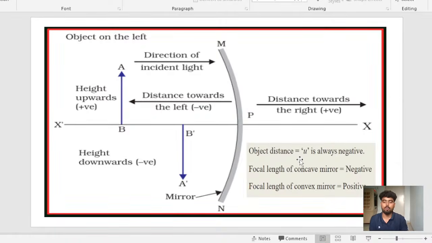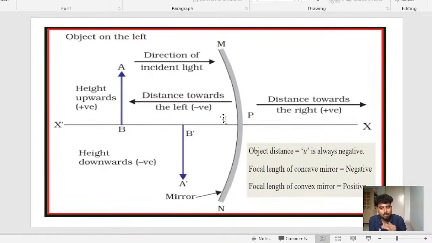When we solve numerical problems, for example, if the object distance is 10 centimeter, you write u is equal to minus 10 centimeter. If they mention u is equal to minus 10 centimeter in the question itself, no need of changing it. So what is the value of u? u is always negative. Next, where will the image be formed?